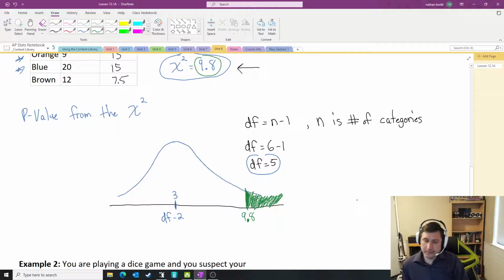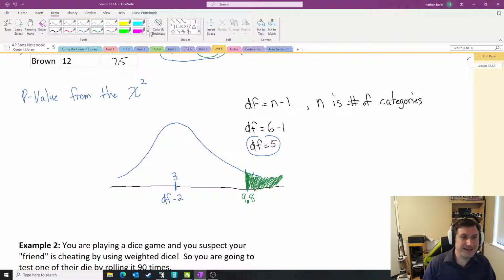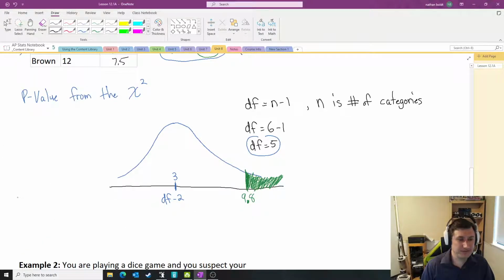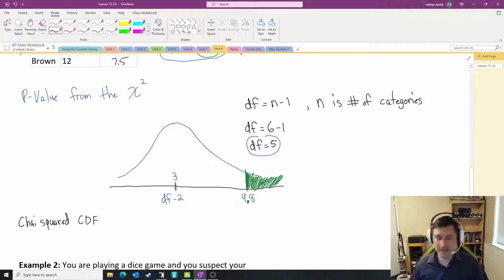While you have never done this before, you should know exactly what's coming next. We need to do a chi-squared CDF. A chi-squared CDF, and yes, your calculator has that.